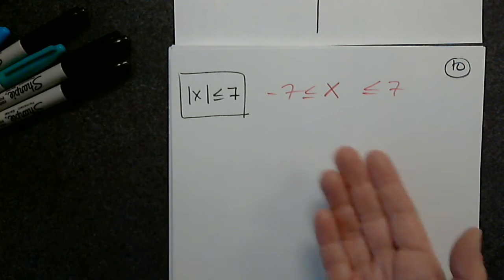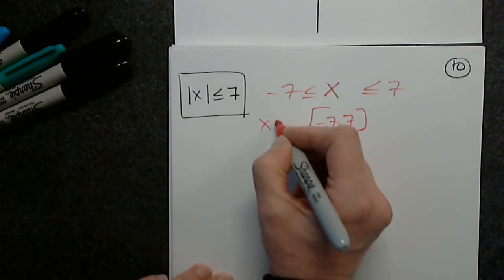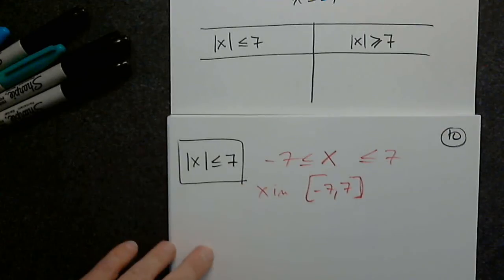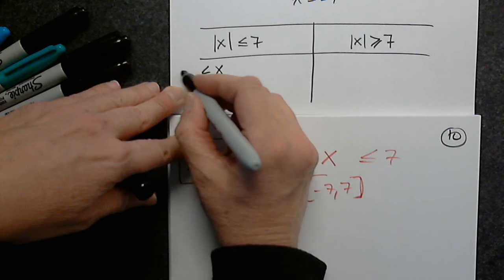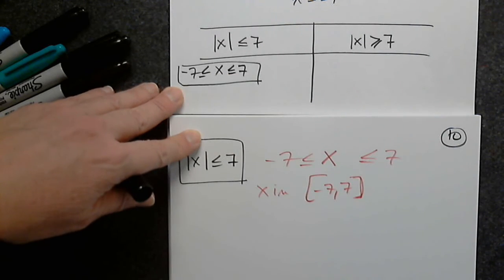So this is the translation. In interval notation, this will be just what you see, x in this interval. So therefore, the first one translates into this, and the interval notation follows.